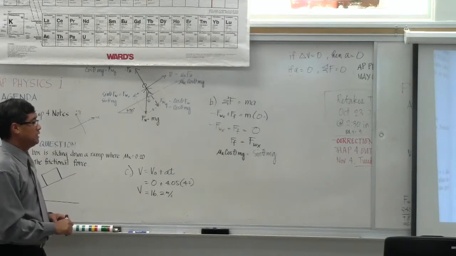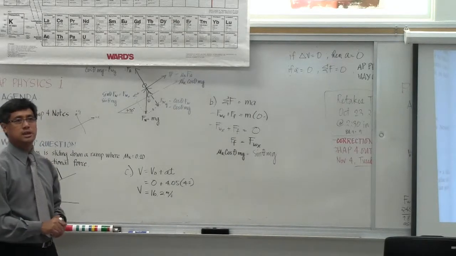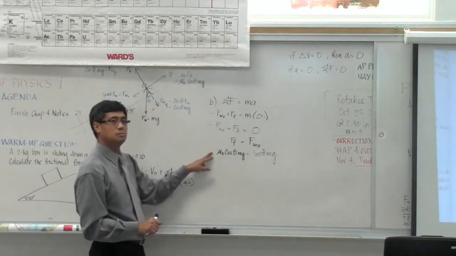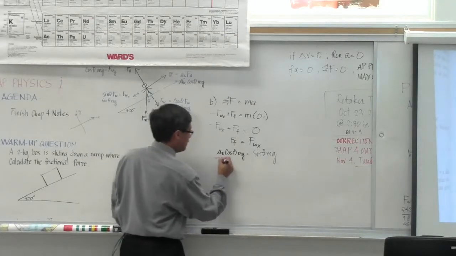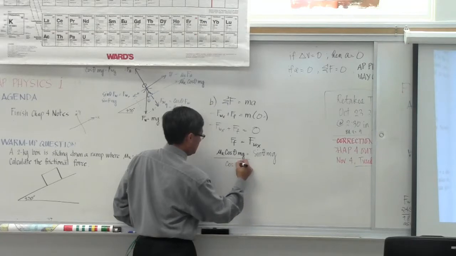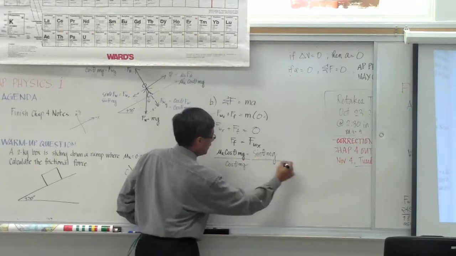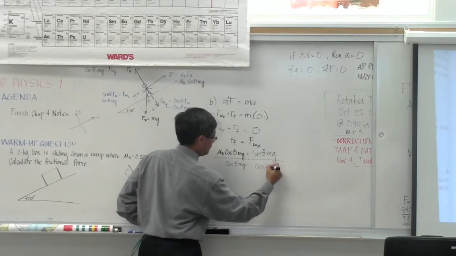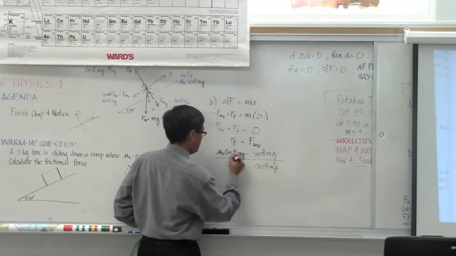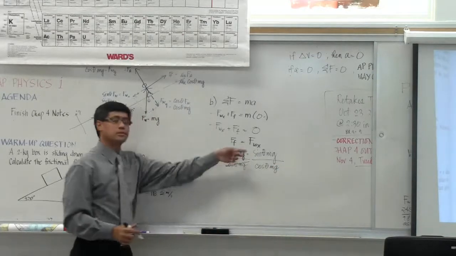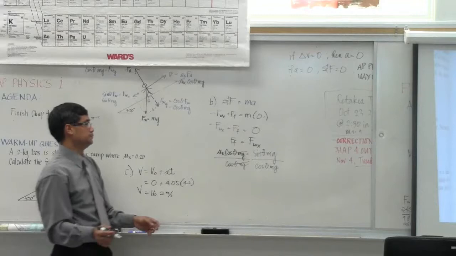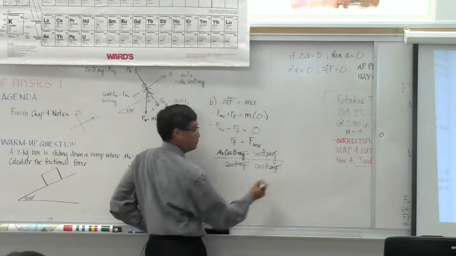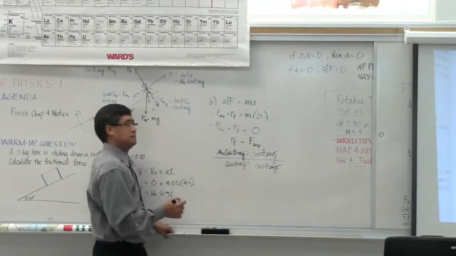How do we isolate mu sub k in this case? Divide by cosine theta mg, and I'll divide this by cosine theta mg. This one cancels out. What cancels out on the other side? mg, right? Not theta.